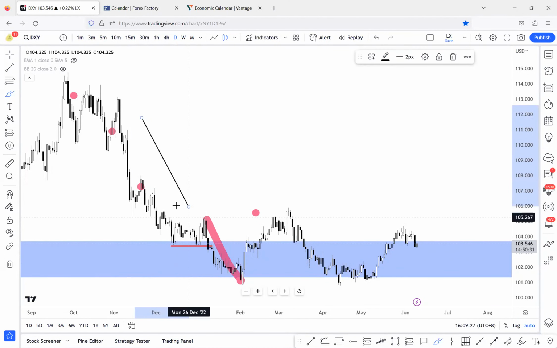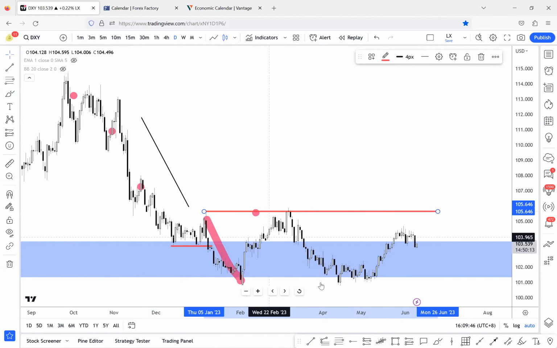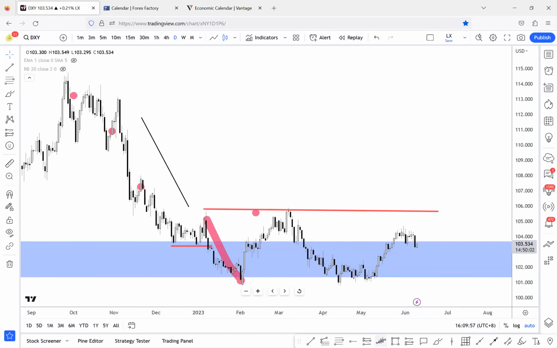So once there is an end, or if there are signs that this downtrend is not going to continue, what we should be seeing is a change in structure. So if this is the last high that was formed that caused that break in structure, what this also means is that for price to start trending to the upside, we need price to break above this high. This high stands at around 105.80 level. So we need price to break above this high, this zone essentially, for price to continue to the upside.